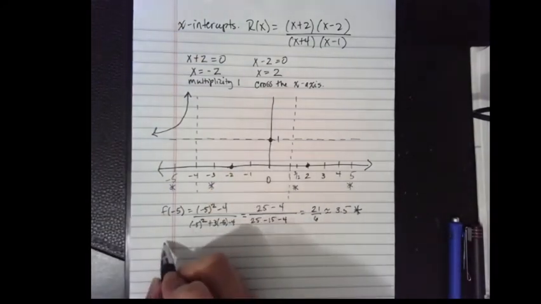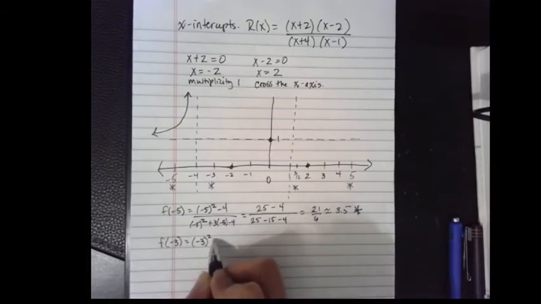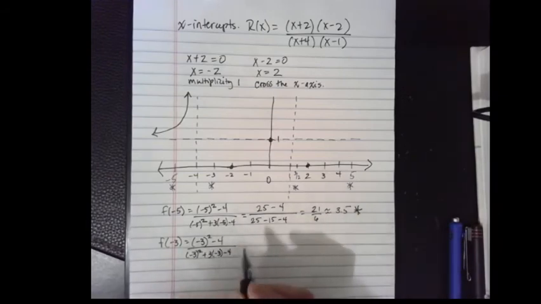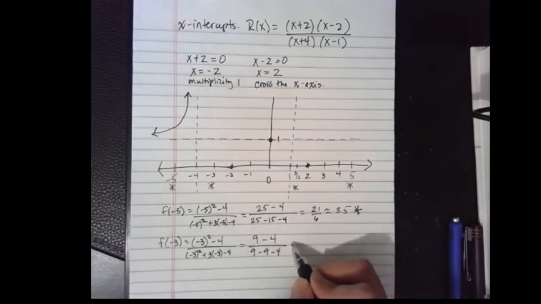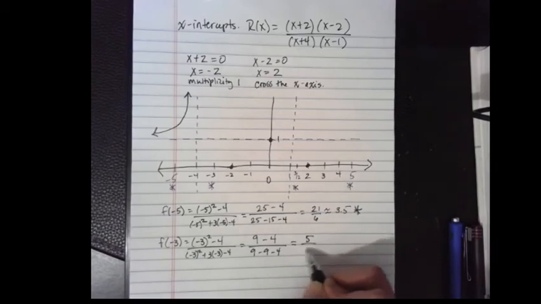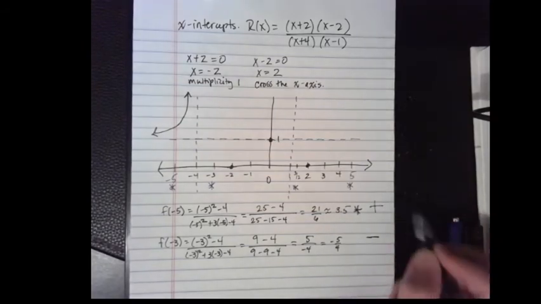Now I also picked f of negative 3. So that's negative 3 squared minus 4 divided by negative 3 squared plus 3 times negative 3 minus 4, which gives me 9 minus 4 all over 9 minus 9 minus 4. That gives me 5 over negative 4, so negative 5/4. So this one was positive, this one is negative.